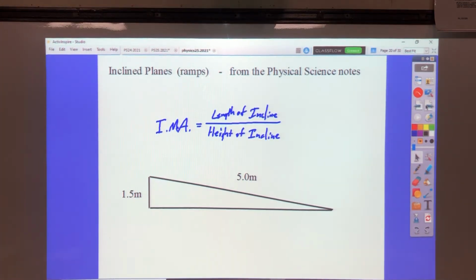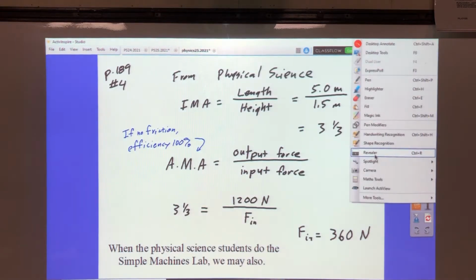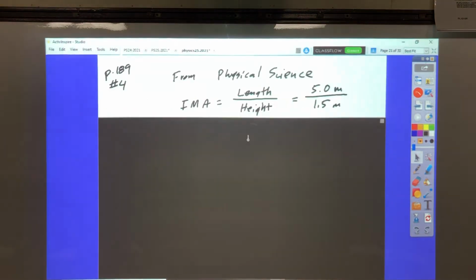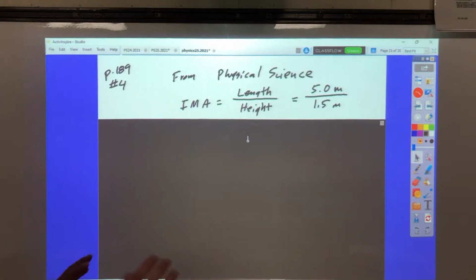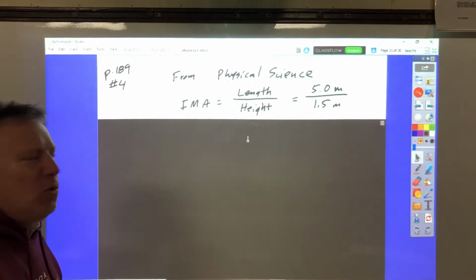So if you use the physical science approach, where we're talking about mechanical advantage, which is really not part of this chapter, don't scribble all this down, because you're going to use more of this later.